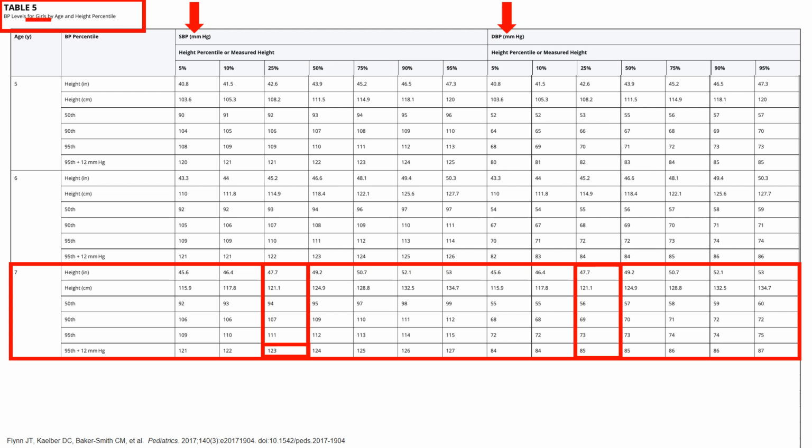We have a diastolic blood pressure of 87. We can pick the 85 as the height percentile. So we will go ahead and classify this patient as having a blood pressure percentile as 95th plus 12 millimeters of mercury.